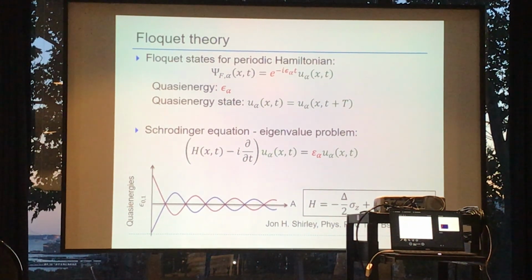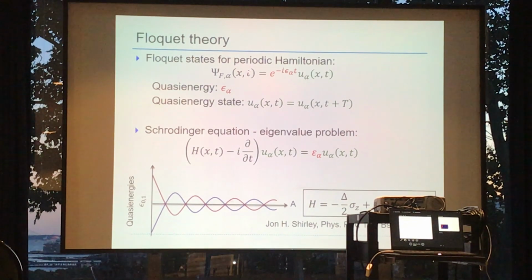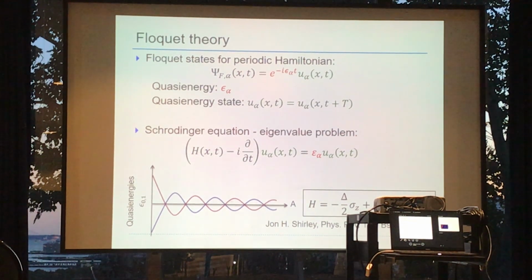So our qubit is driven with a periodic signal, and the state at any point can be written as a superposition of two Floquet states. These Floquet states are the product of a wave function which is periodic in time, with the period being the periodicity of the drive, and a phase factor with an energy-like coefficient epsilon alpha called the quasi-energy.